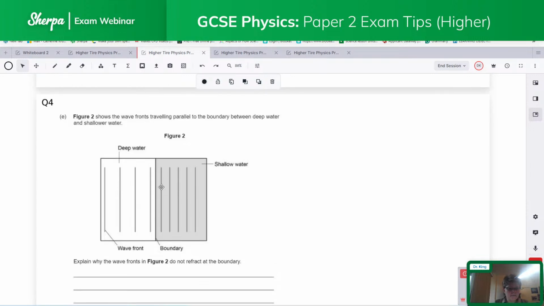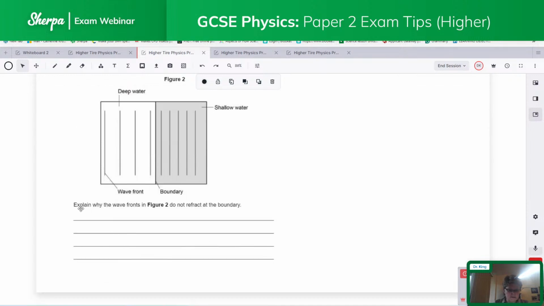We now have figure 2 showing wavefronts traveling parallel to the boundaries between deeper water and shallow water. So again, with a higher speed and a slower speed in shallow water, explain why the wavefronts in figure 2 do not refract at the boundaries.